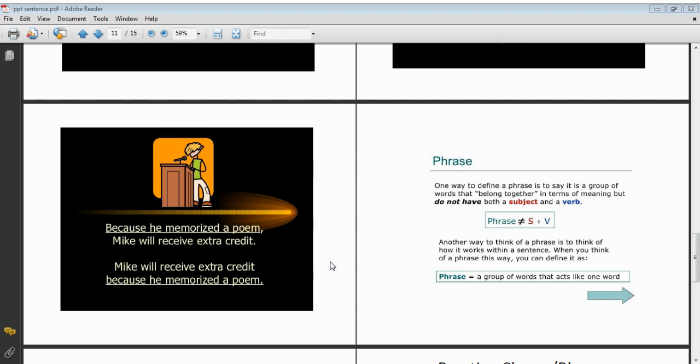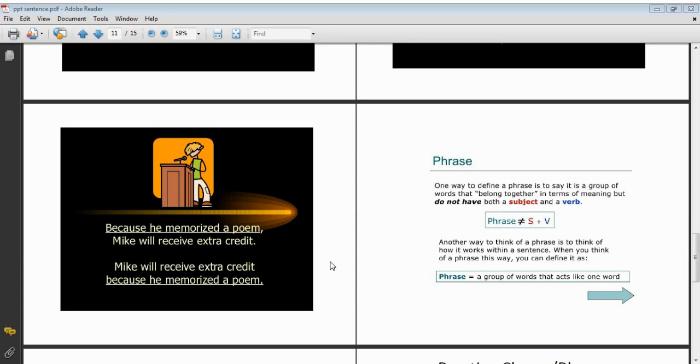Then we come to the next concept, phrase. So what is a phrase? Phrase means that it is just a group of words, but these group of words cannot convey any complete meaning. They don't have a proper subject. They don't have a proper verb. They are not the complete sentence, because we have already discussed that a sentence gives a complete meaning because it does have a subject and verb. On the other hand, phrase is altogether opposite to a sentence.